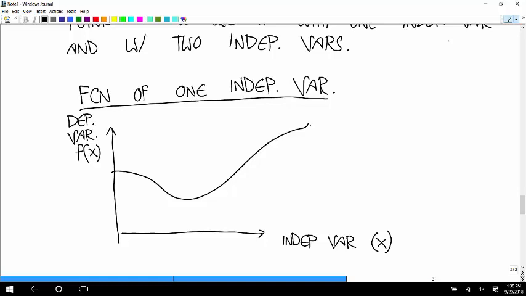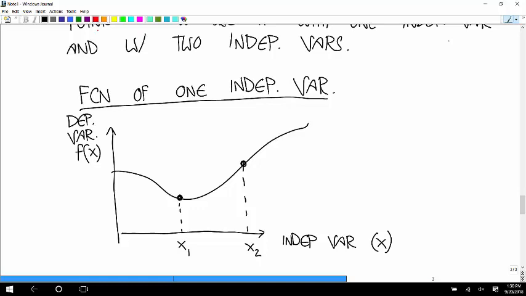Now, if we know a mathematical functional relationship between those, then we're done. But what if we don't know a mathematical functional relationship? What if we only know a value here? Let's call that x1, and a value here, we'll call that x2.